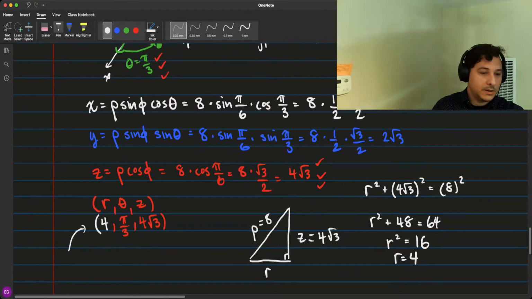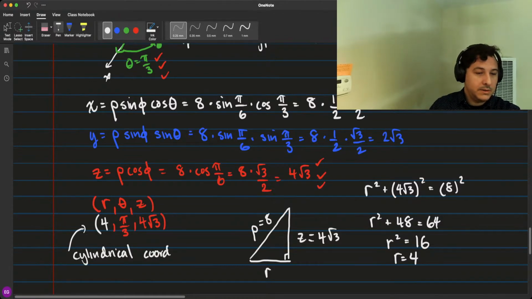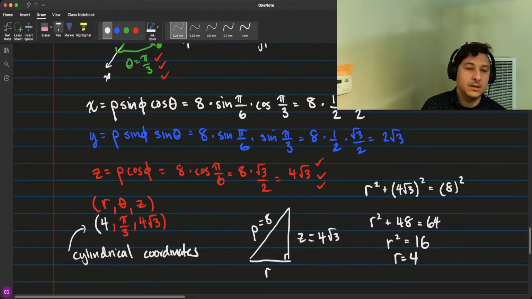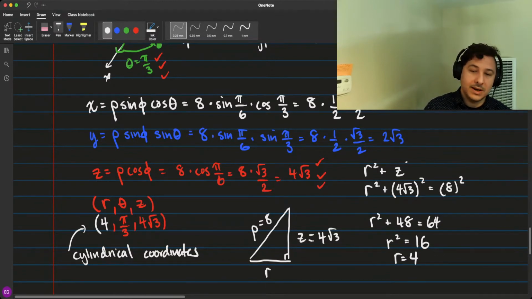So here are your cylindrical coordinates. Whenever you do this, you can just steal the theta from spherical. You can steal the z from rectangular. The only thing you need to solve for is r, and you'll use the fact that r squared plus z squared is going to be equal to rho squared.